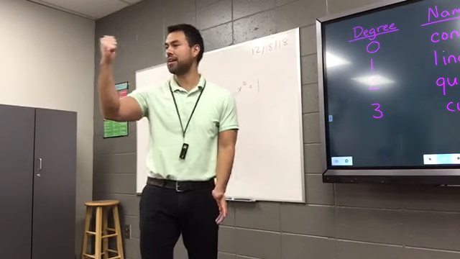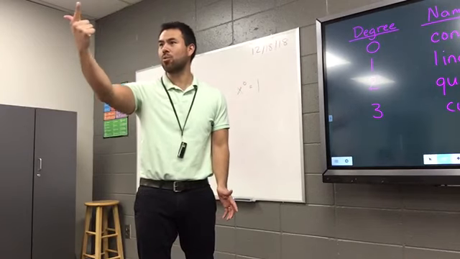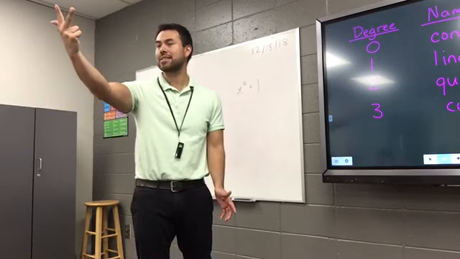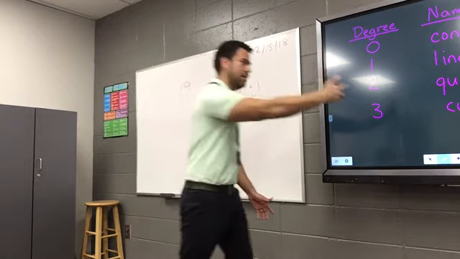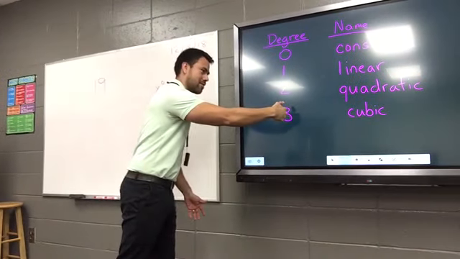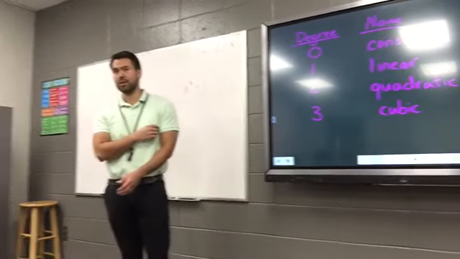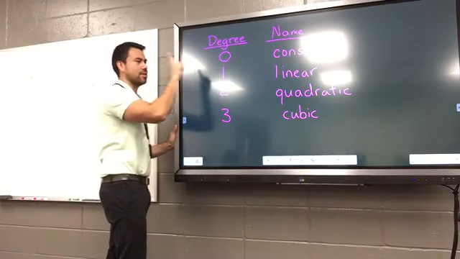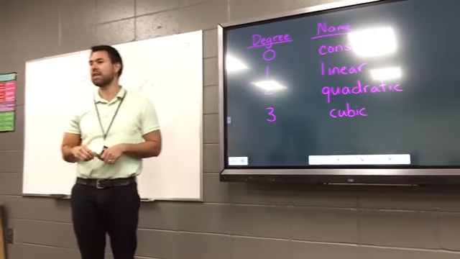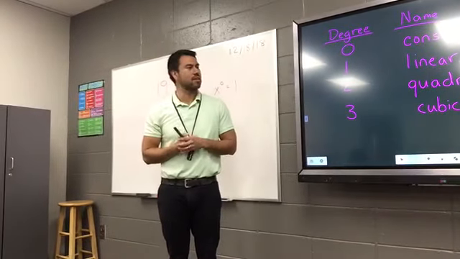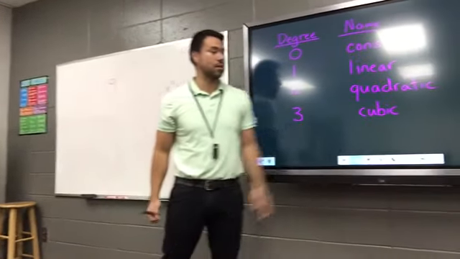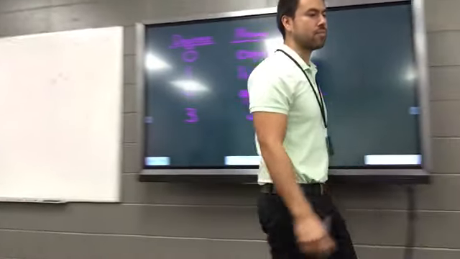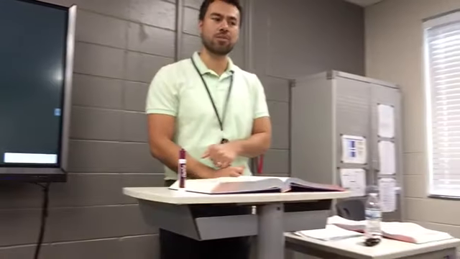You multiply the length times the width times the height. How many things are you multiplying? 3. That's how we got cubic. That's how we got quadratic. And that's how we got linear. So the names are not just random. And no, it wasn't a typo. It's there for a reason. Okay, you guys okay with that? Because I'm going to start asking you about it.